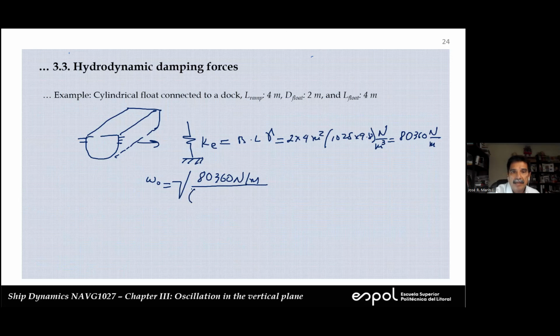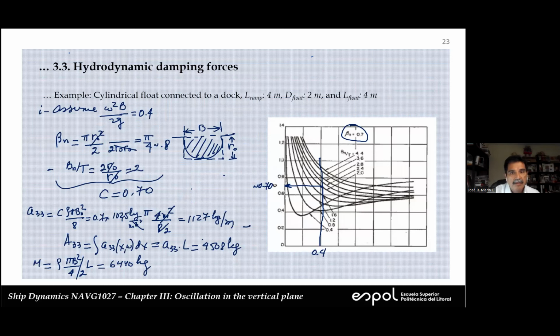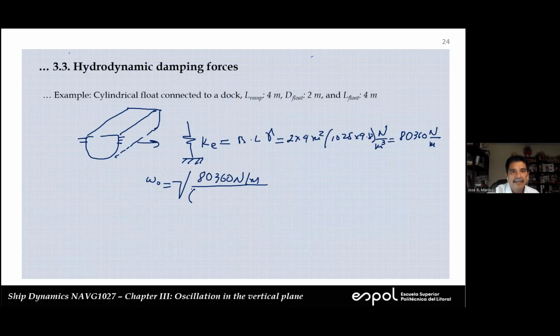Let me go back. 4508 plus 6440, and these are kilograms. The result is 2.71 radians per second.